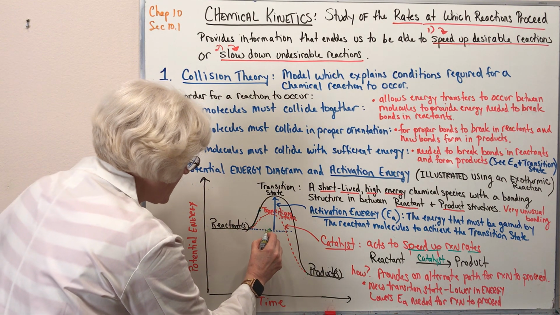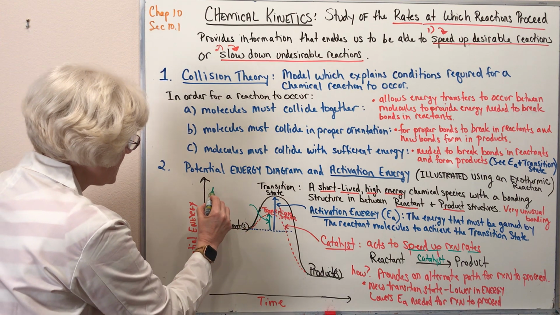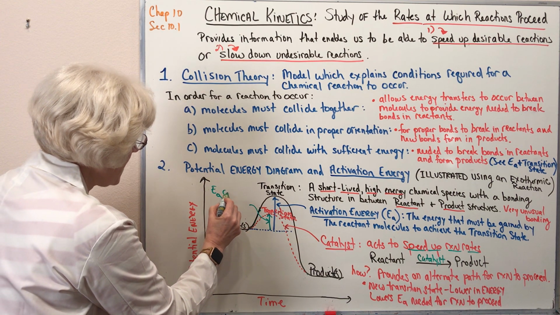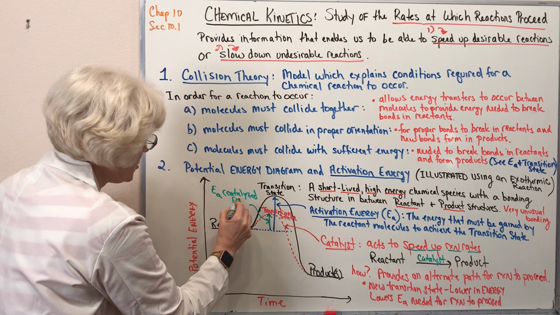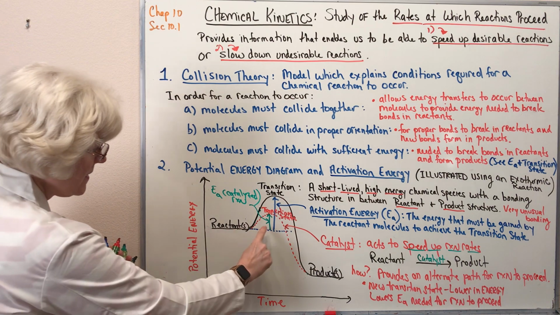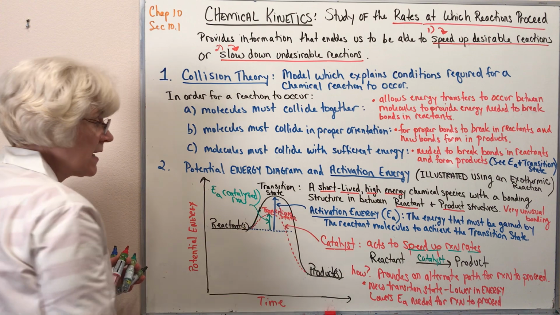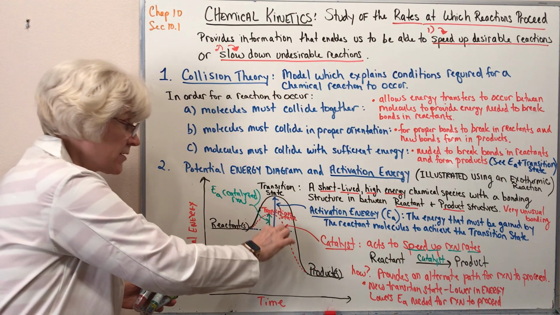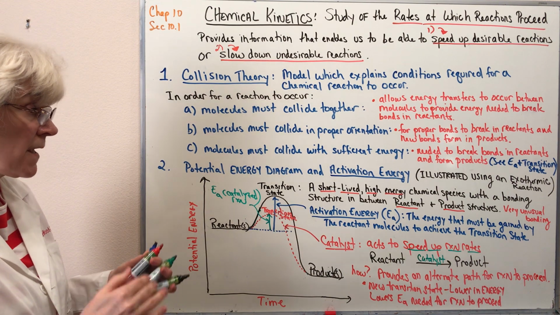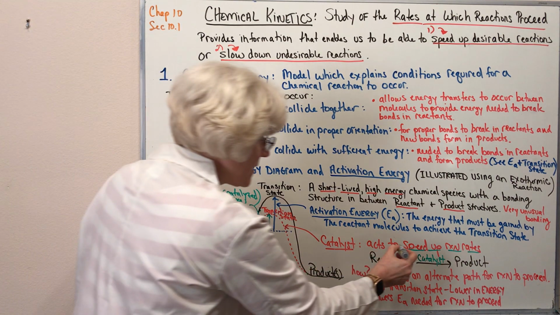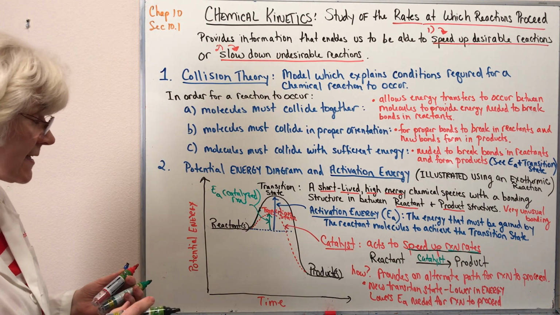And we can maybe put an arrow here and say this is the new energy of activation for the catalyzed reaction. And we see that this new energy of activation in the presence of the catalyst is lower than the energy of activation for the uncatalyzed reaction. So the reaction speeds up as a result of the presence of the catalyst.